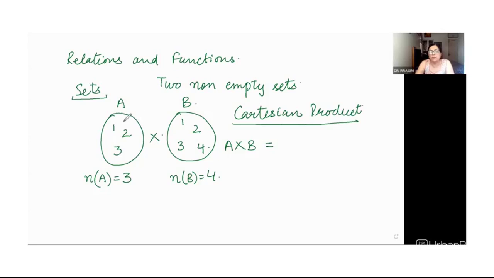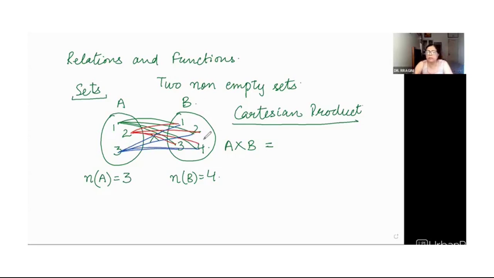We simply have to connect every element of A, like (1,1), (1,2), (1,3), (1,4), right? Similarly, (2,1), (2,2), (2,3), (2,4). And then we have (3,1), (3,2), (3,3), (3,4).